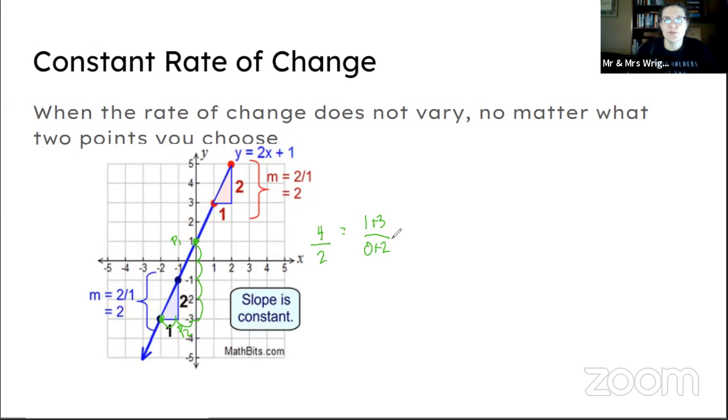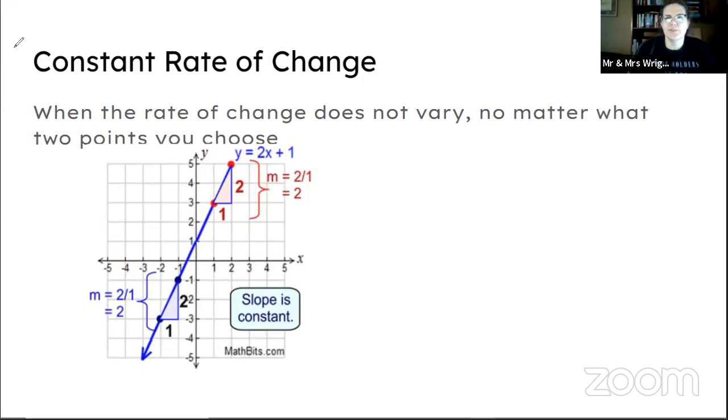Now, 4 over 2, when we reduce it, becomes simply 2. Well, look at that. The 2 is the same as the change here and as well as the change here. So no matter what 2 points you choose on this line, your rate of change will be constant or unchanging. Another way we call this is slope, and slope is usually written with an M. We'll get more into that later.